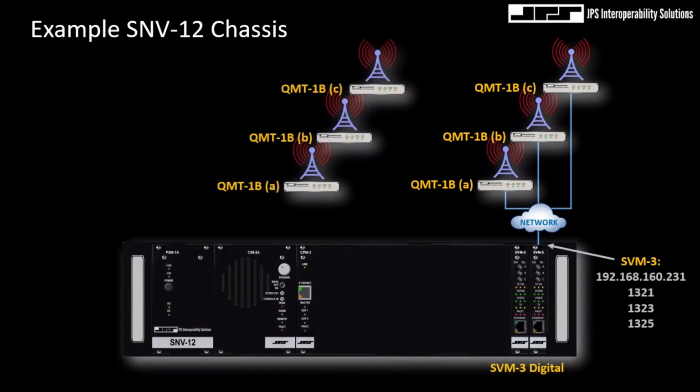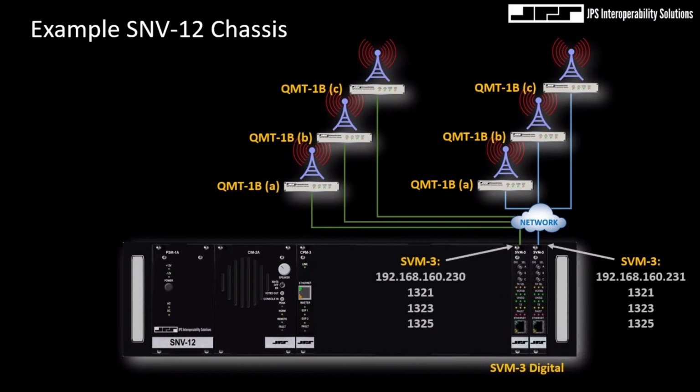With this in mind, let's add another SVM3 module and 3 more QMT modems, and we can reuse the same ports. We can do this because the IP address of each SVM3 module is unique, and those unique SVM3 IP addresses will be important for the remote QMT modules, and we'll see that in a moment.